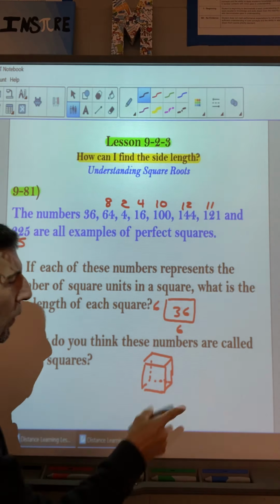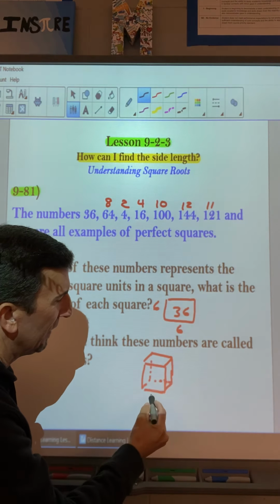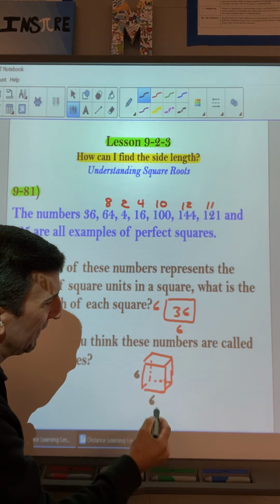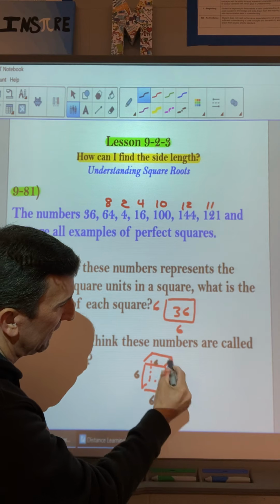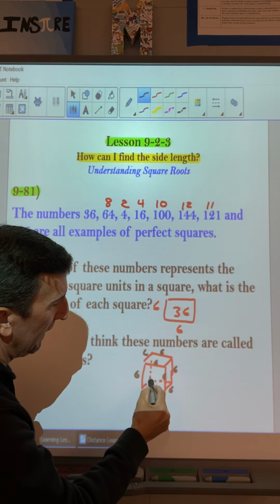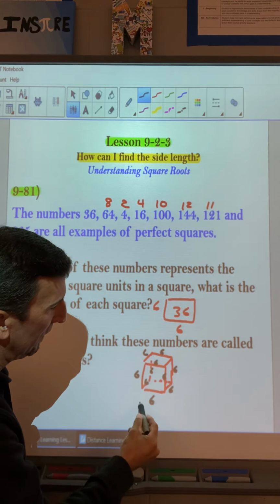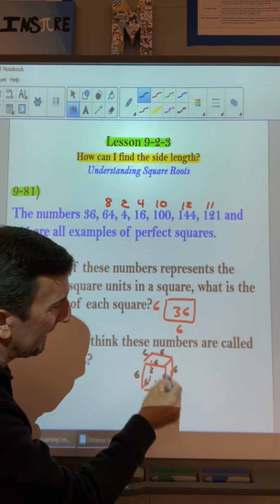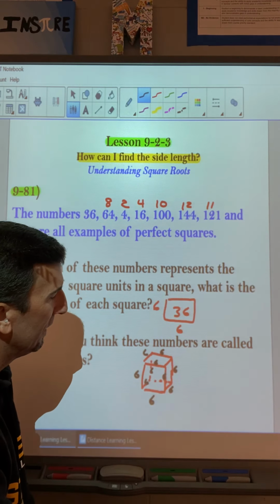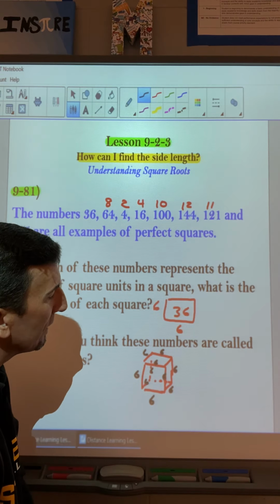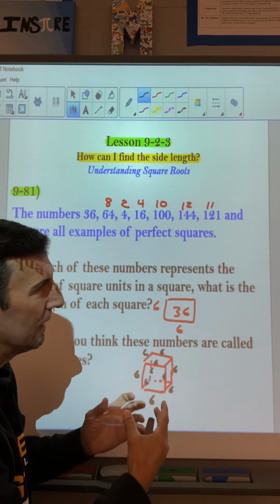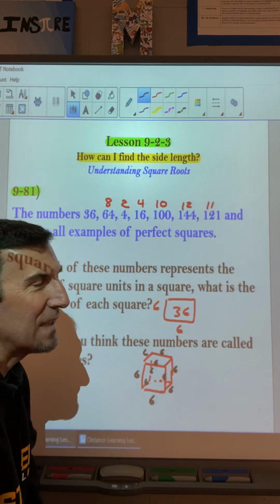Okay, when we say this is 36, if this is a 6, this is a 6, this is a 6, all the way around, it's 6 times 6 to get the area of that. So I could say 36 on each side?